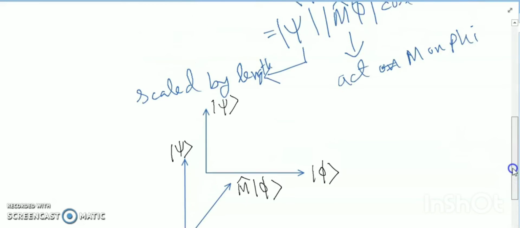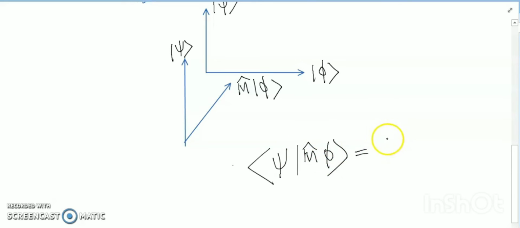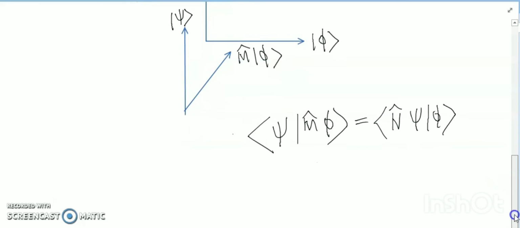So what I want to say is that the inner product of psi with M acting on phi can be written as N acting on psi, with phi.